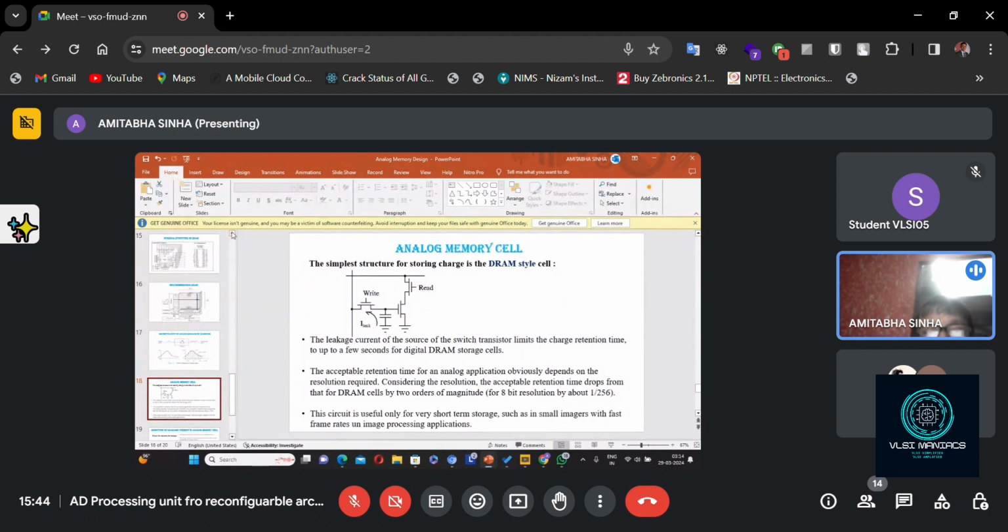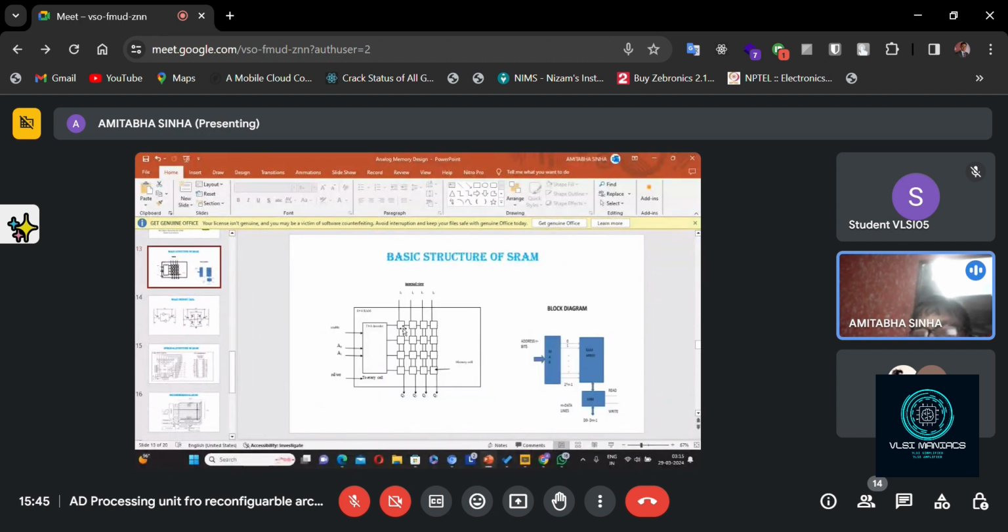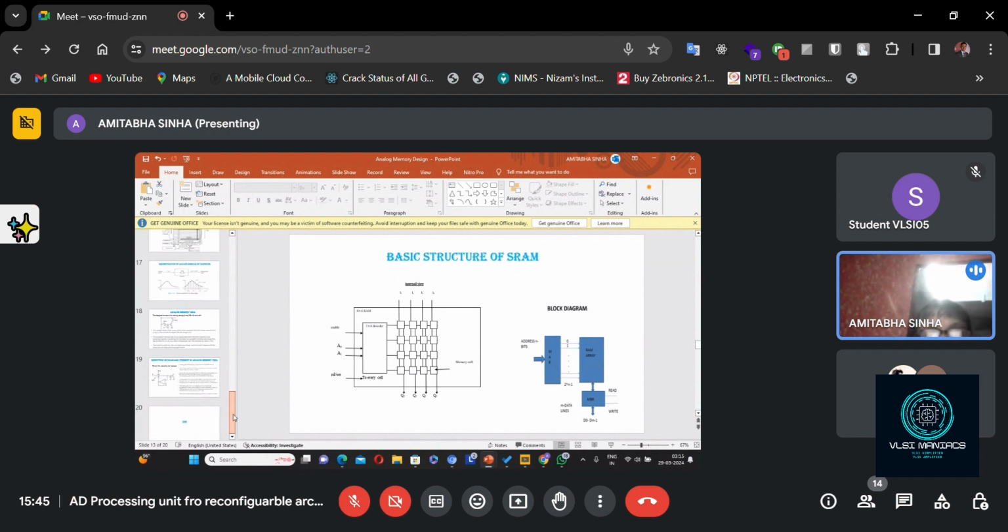So just like your digital memory, this analog cell will be like that. This is the input and these are the outputs. And here a decoder would be there, which will decode. And within each small rectangle, this analog circuitry will be there.